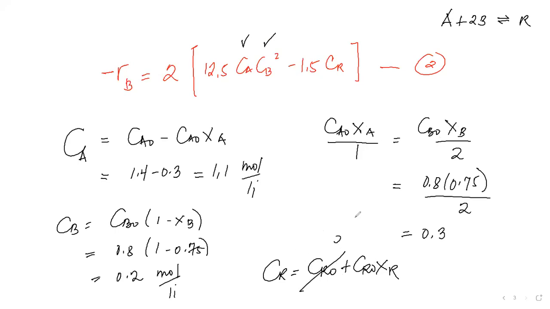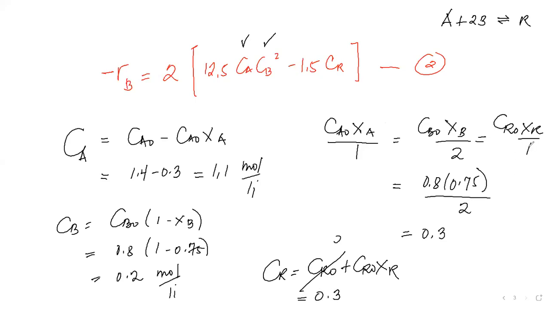We don't have R initially present. So your C sub R is equal to C sub RO XR. And if I continue here, in terms of stoichiometry, it would be CRO XR over 1. So actually, this one and this one are just equal to this. So this is 0.3.